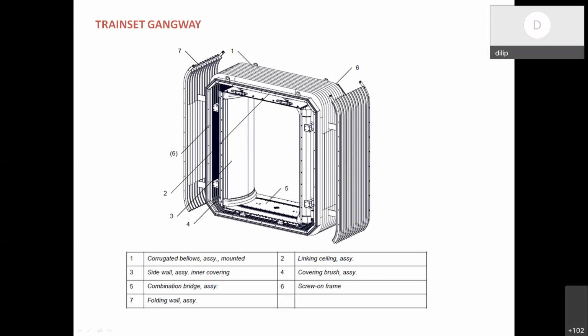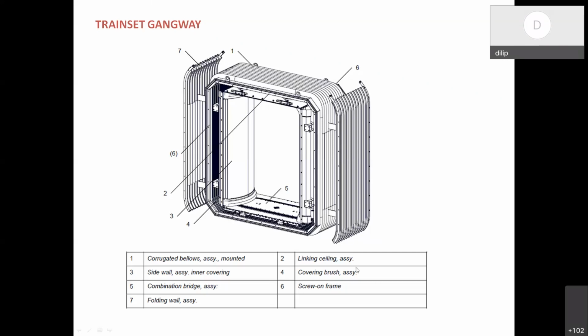Number 4 is the covering brush assembly. The brush is fitted so that dust and the like will not enter. And number 5 is the combination bridge assembly, which we'll discuss further in the next slides.